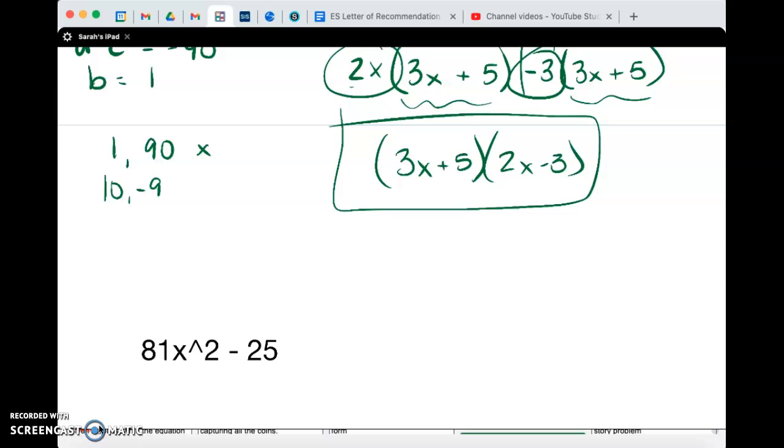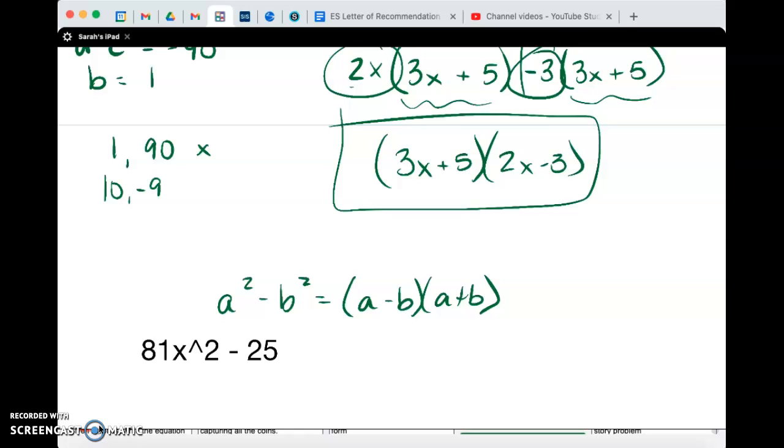Okay, so this one is different. We're missing that middle term. So if you ever have a binomial, you should think, is this a difference of squares? Which is what we did on Monday. So remember, a difference of squares looks like this, and we can factor it to be a minus b, a plus b. So are 81 and 25 perfect squares? Yes.